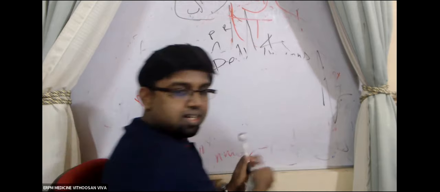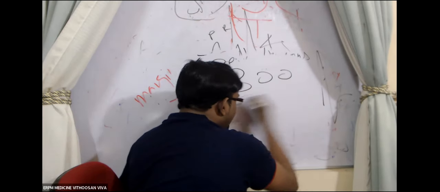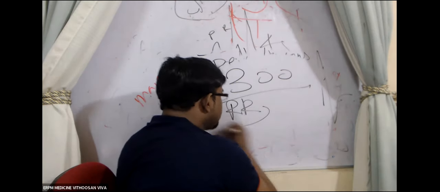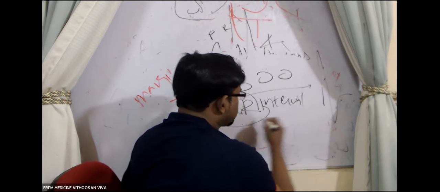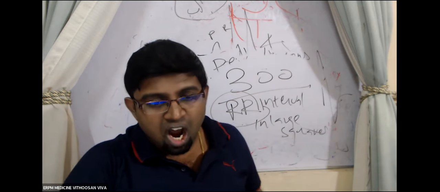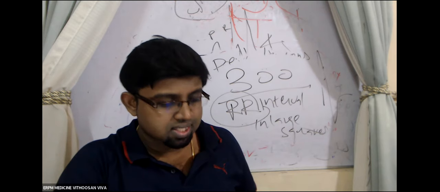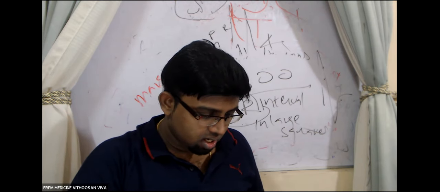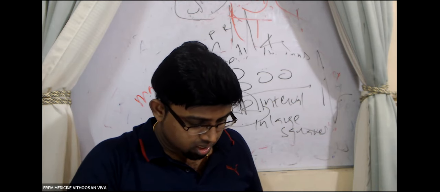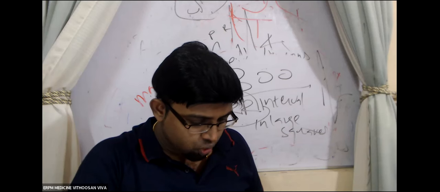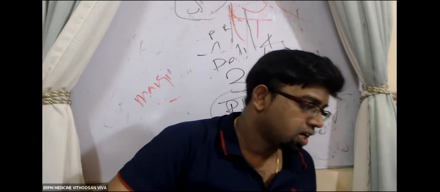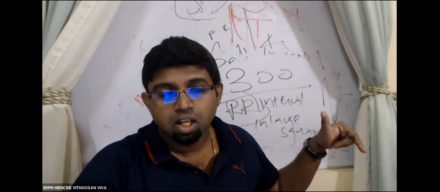The heart rate is 300 divided by the RR interval in large squares. 300 divided by the RR interval in large squares. Clear? In large squares.